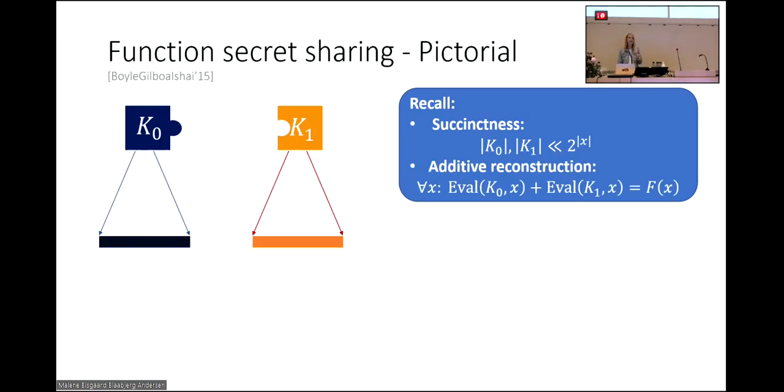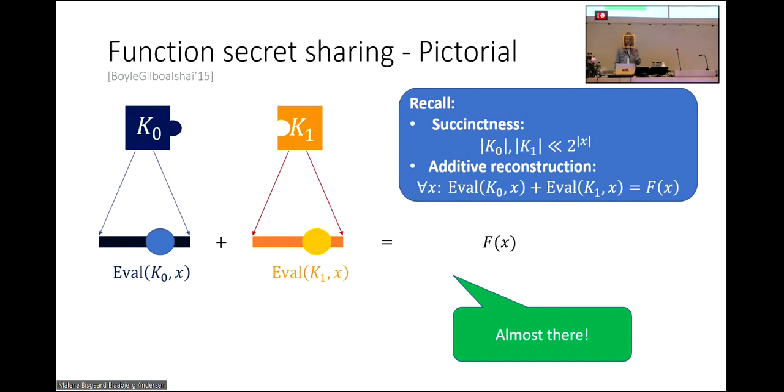And the second thing is additive reconstruction: if I look at one specific point X, I can evaluate on the left-hand side and the right-hand side, and I will get the function value f of X. And this now already looks similar to what we want. This is, of course, no coincidence. In some sense, we're almost there.